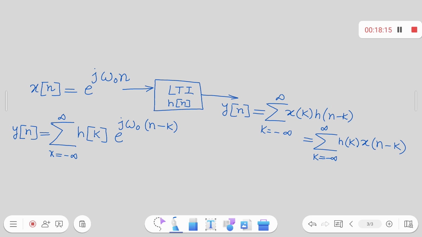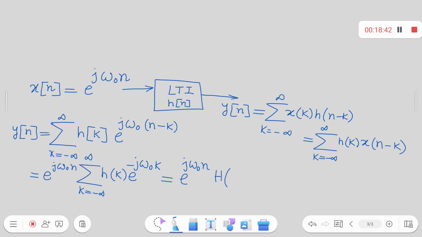So I can take e to the power j omega naught n outside, and I'm left with summation k going from minus to plus infinity, h of k, e to the power minus j omega naught k. So once again I'm getting e to the power j omega naught n back, and I call this H of omega naught.